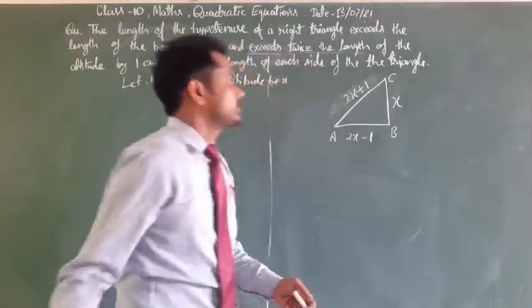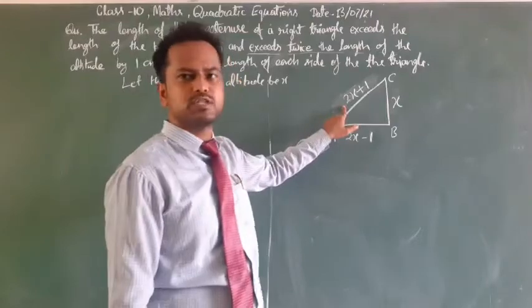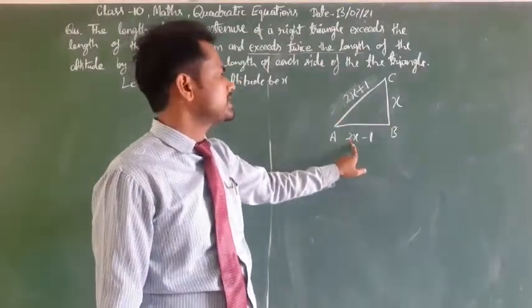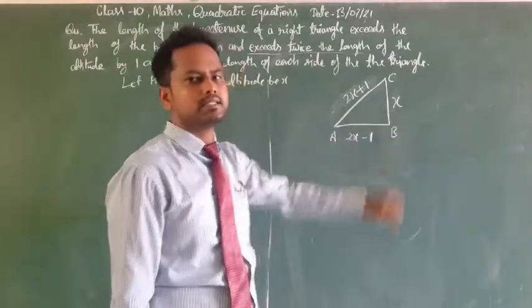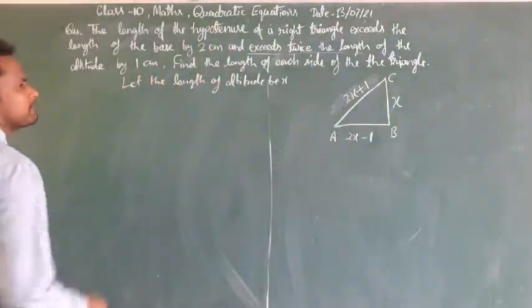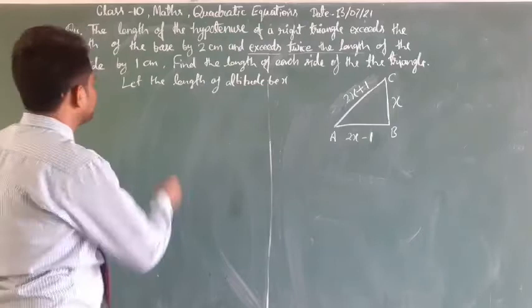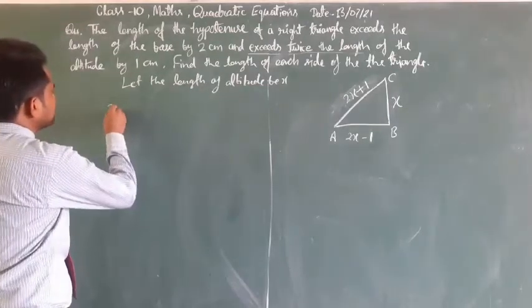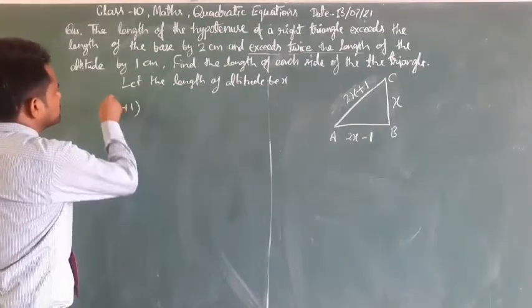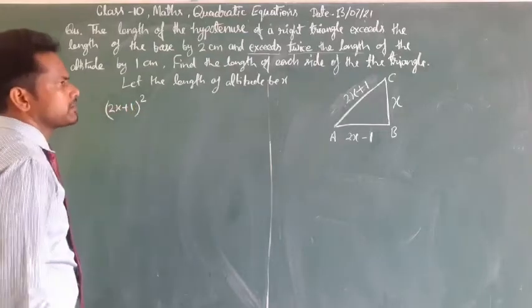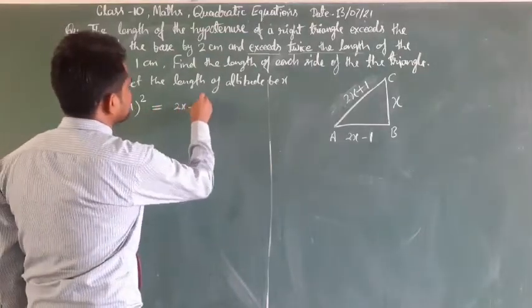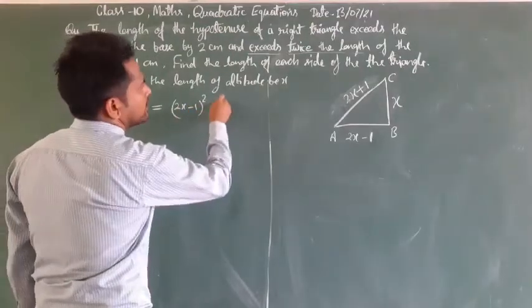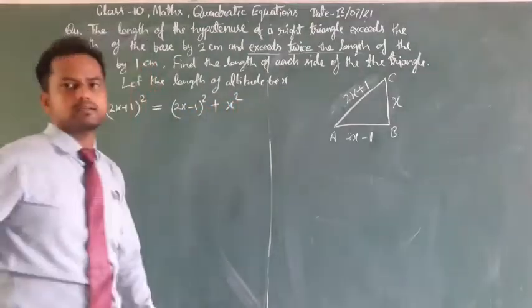So the length of the hypotenuse is 2x plus 1, the length of the base is 2x minus 1, and the length of the altitude is x. Apply Pythagoras theorem, then we get (2x plus 1) to the power 2 is equal to (2x minus 1) to the power 2 plus x square.